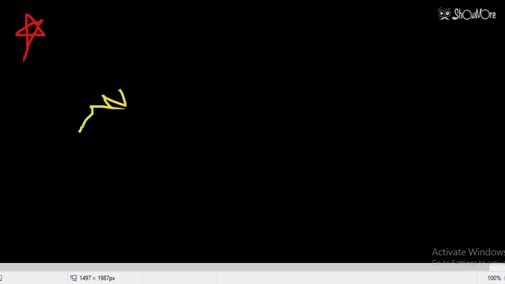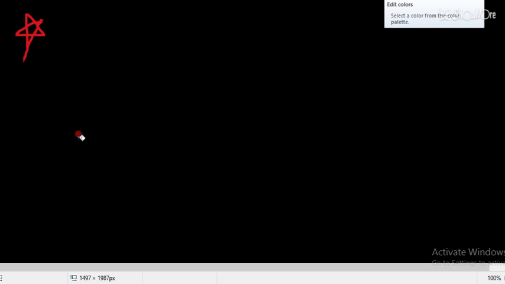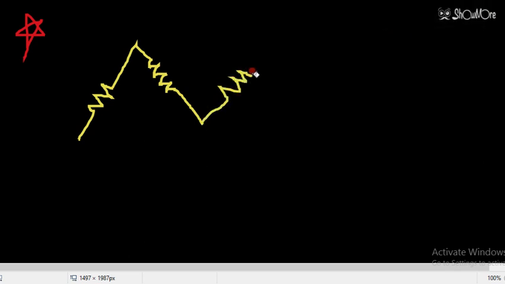This is the circuit given to me. First resistance, then second resistance, then third resistance, then fourth resistance.